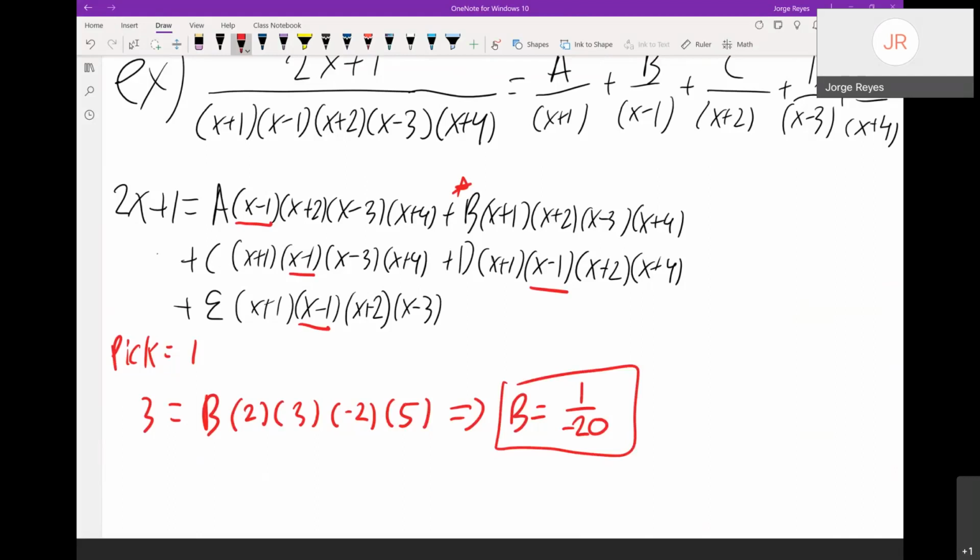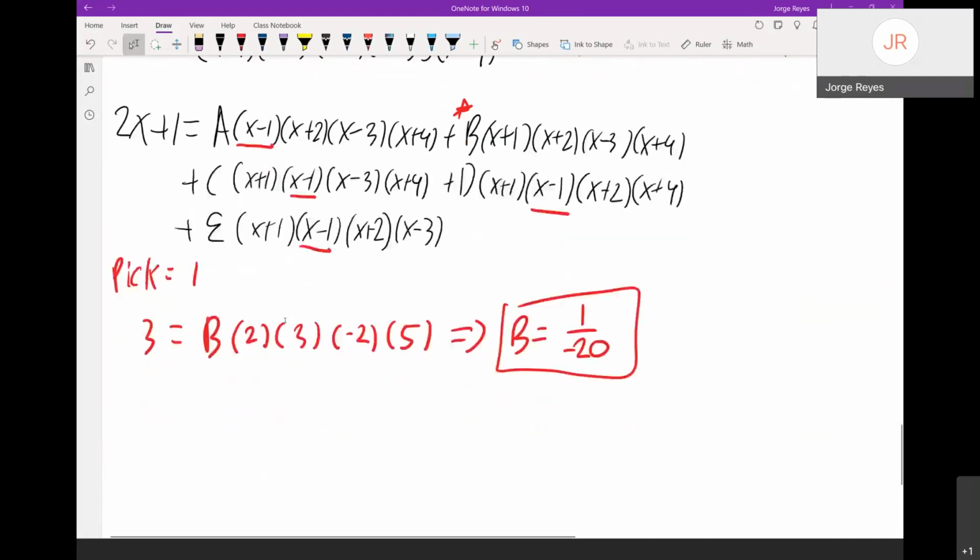This is going to have really bad numbers because I made this example up literally on the spot right now. So there you go. That's one of them. Now I'm going to pick x equals -1. So what happens is I'm going to get -1 on the left.